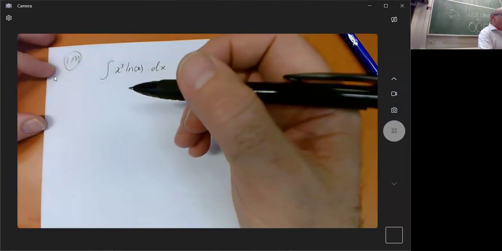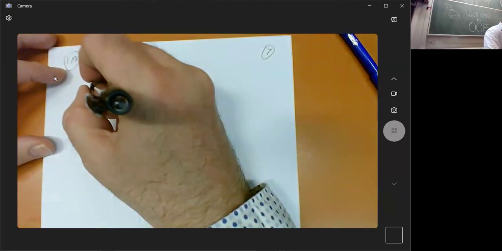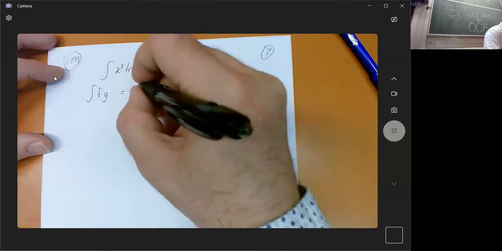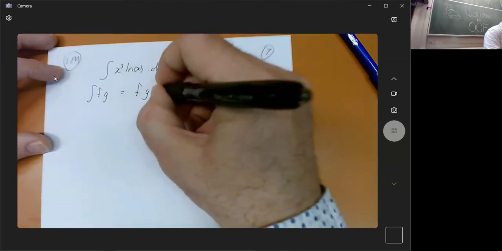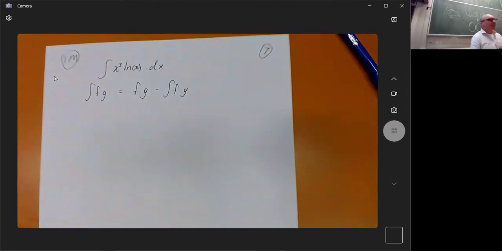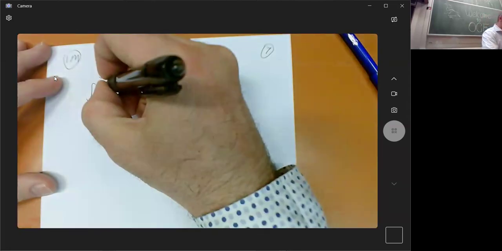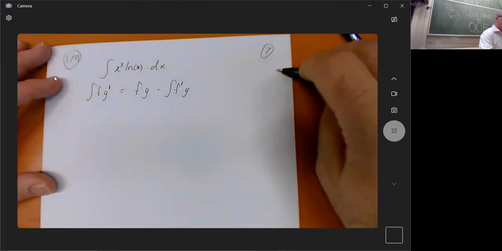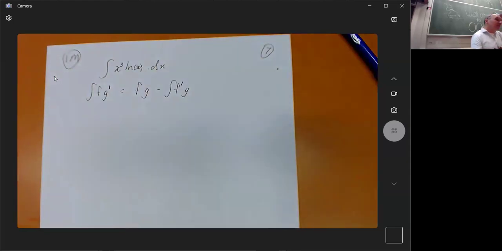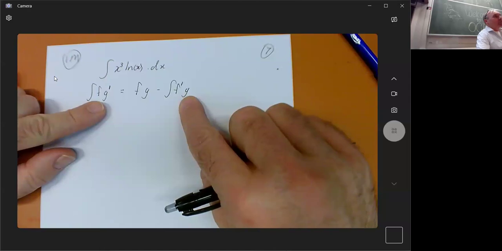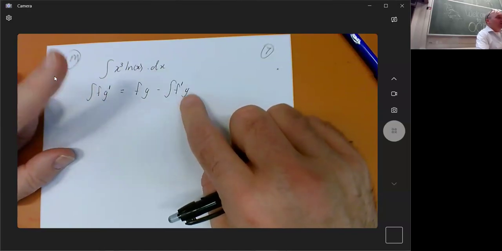So with this one here, what I actually do when I work out the integration by parts rule is I do this, right? And then I'm going to put a dash on the g here, which means that dash goes on the f here. The dash is on one of them, and they have to be on opposite ones.